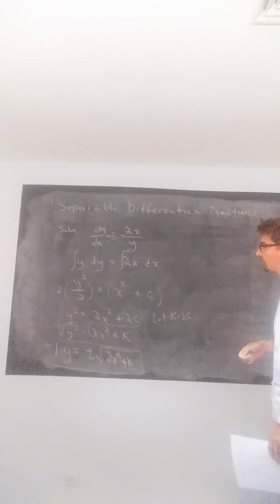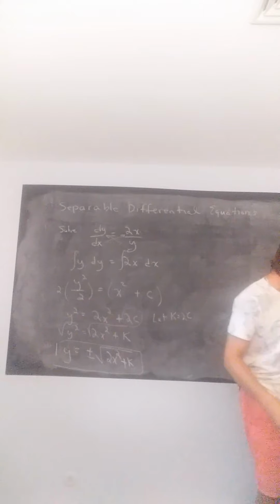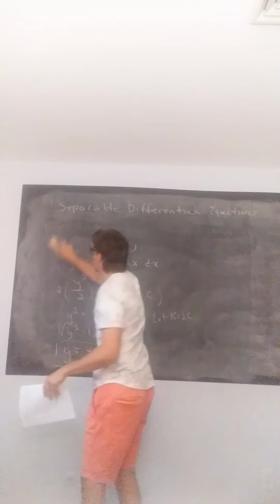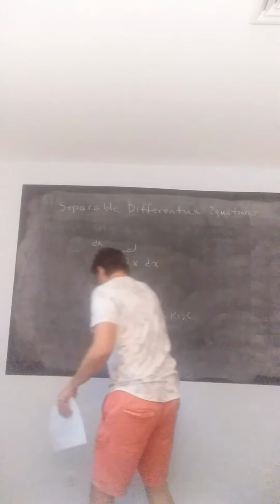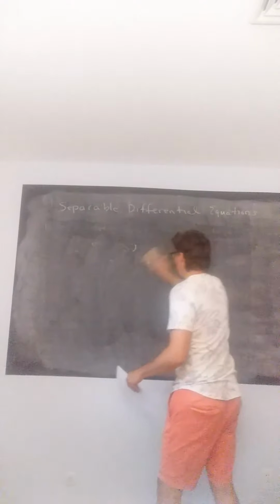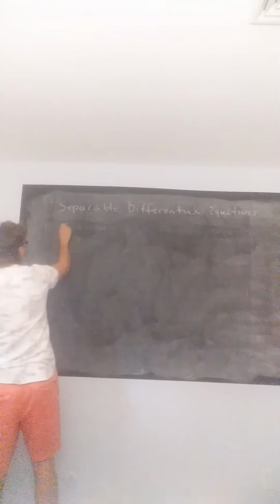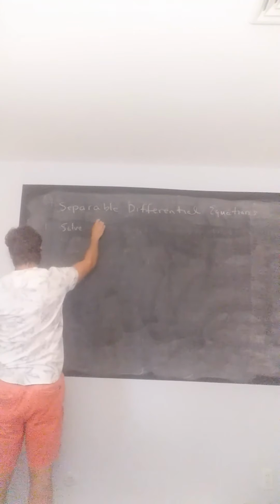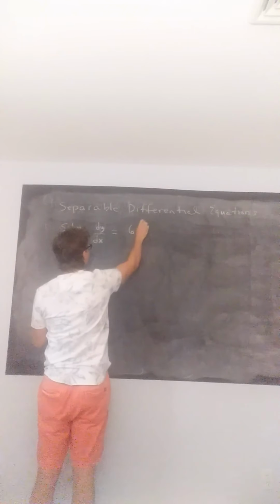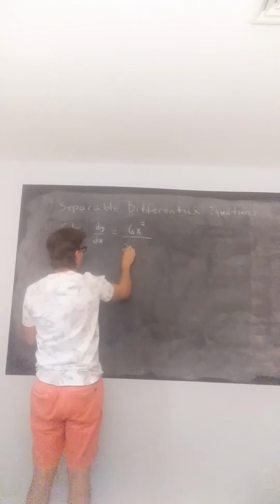Let's look at one that's kind of similar to this situation. So here's another one we're going to solve. We have dy dx is 6x squared over 2y plus cosine y.